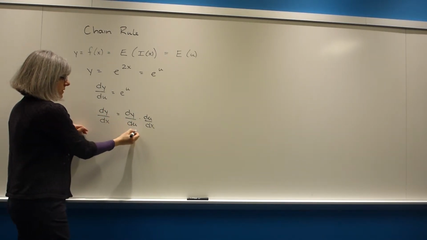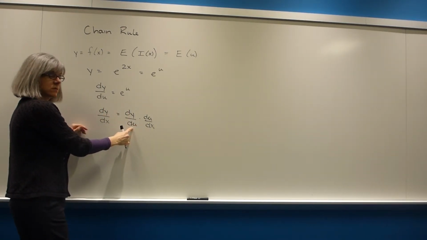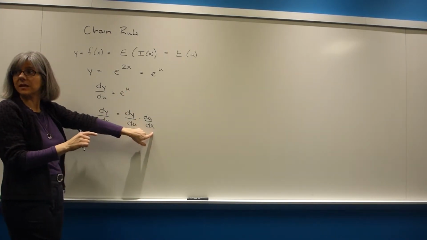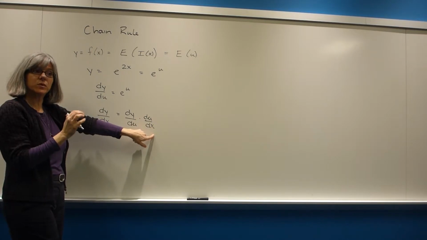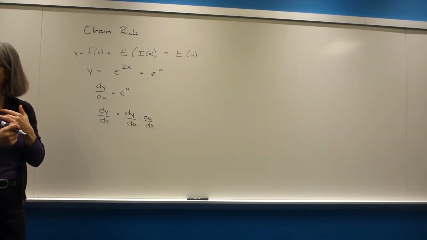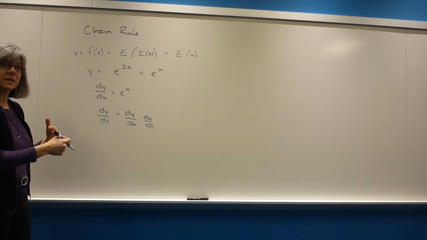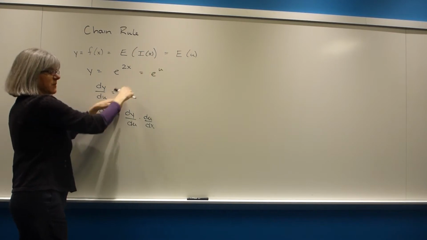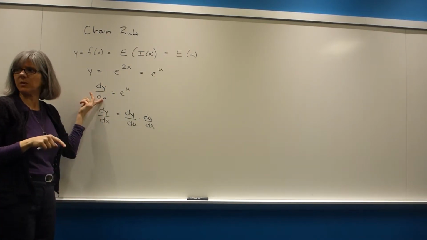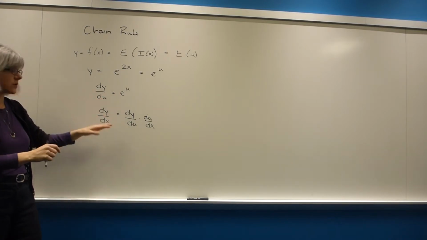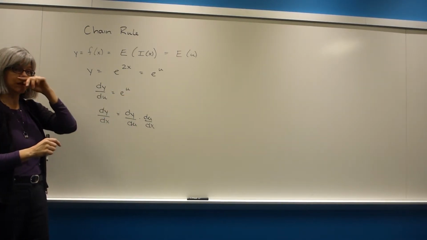We're going to take the derivative of the outside function, and then multiply by the derivative of the inside function. That's a lot of times how people will say the chain rule: the derivative of the outside function times the derivative of the inside function. Because when I take the derivative of the outside function, it's with regard to the wrong variable. I'm not there yet, so I need to convert to the next variable. And I do that by just taking the derivative of the inside function.